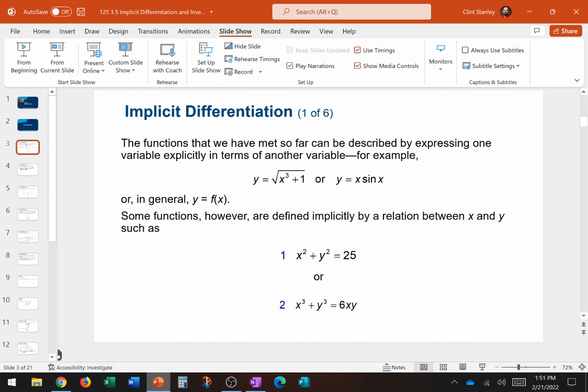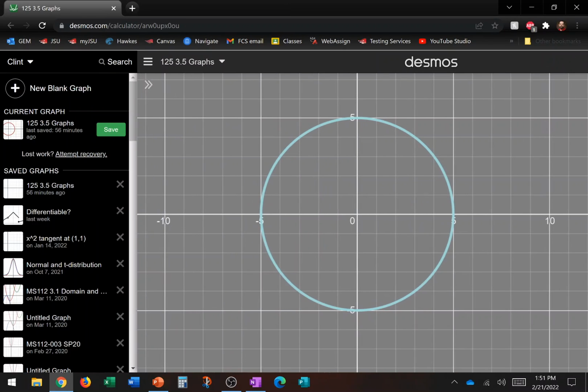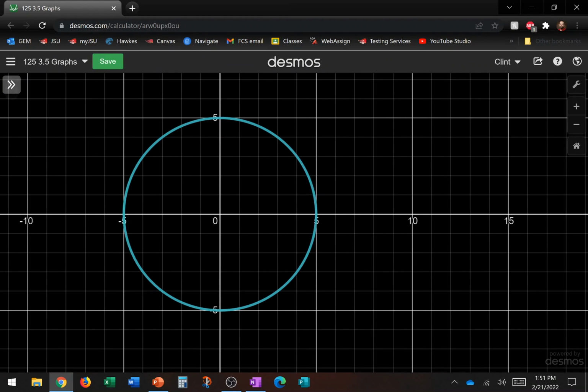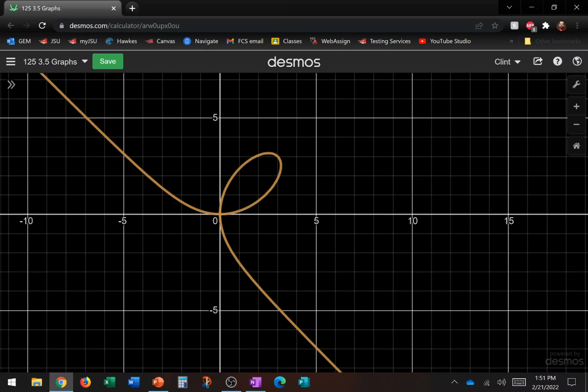Second one we had here was x cubed plus y cubed equals 6xy. That one, if we look at the graph, you probably don't know that one. It's okay.